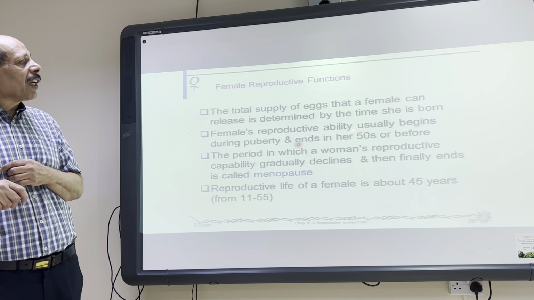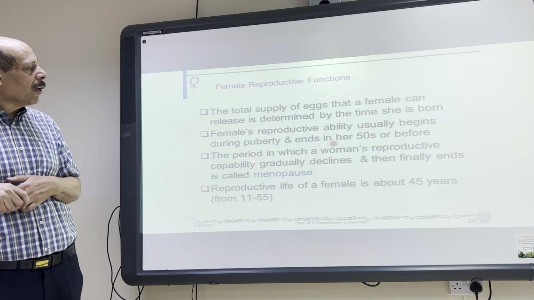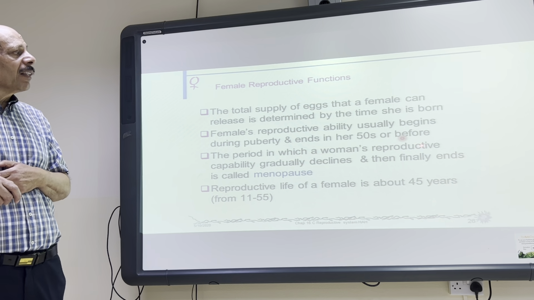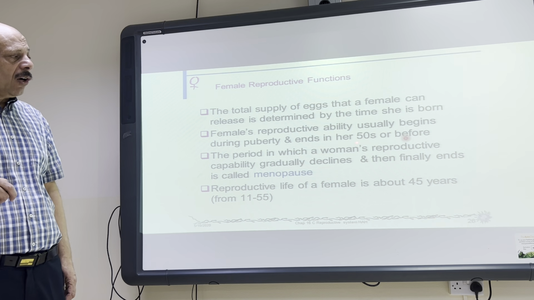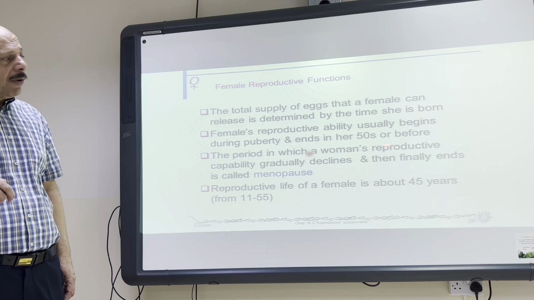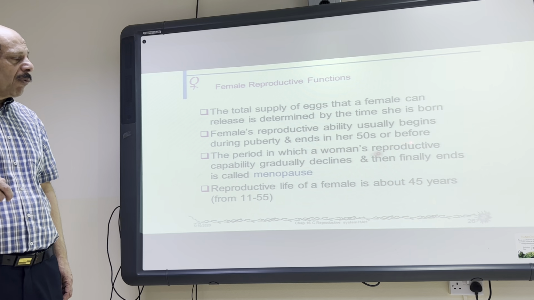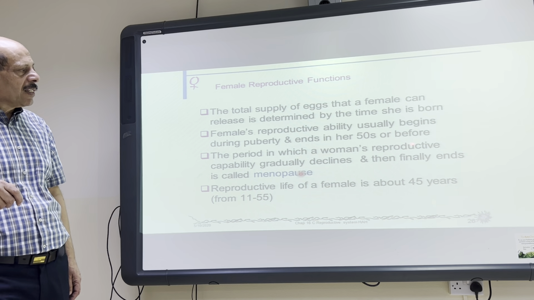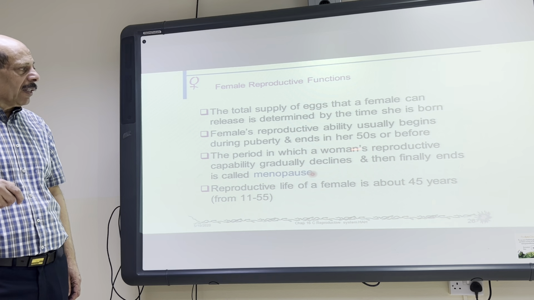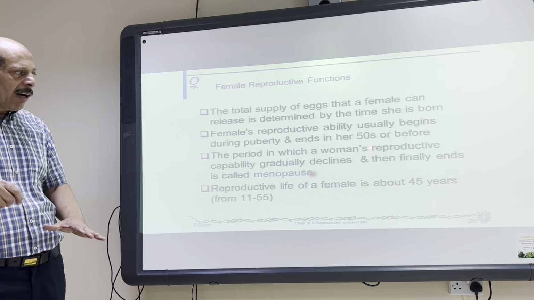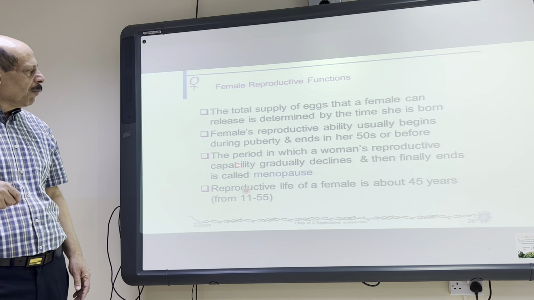The female reproductive ability usually begins during puberty and ends in the age of the 50s or sometimes before, which is the age of menopause. It might be early, it might be late in some women.